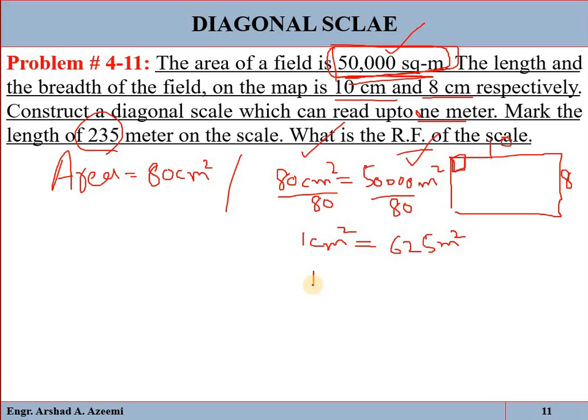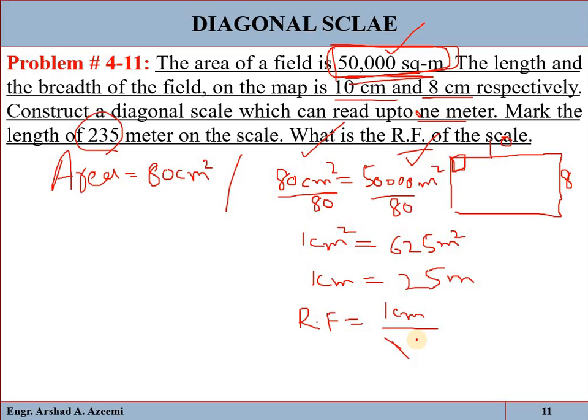Just take the square root on both sides. So 1 centimeter on the drawing will be equal to 25 meter in reality. Now the representative fraction will be equal to 1 centimeter divided by 25 meter.